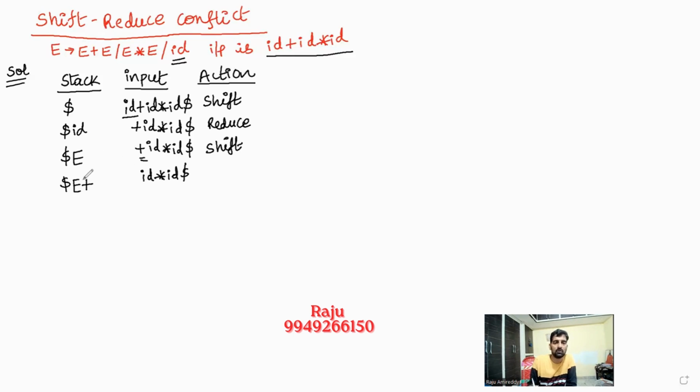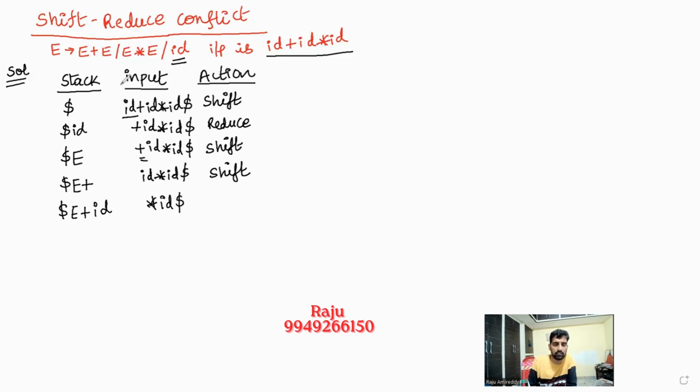Next, what do we have to do? Dollar E plus. This ID will come in with a shift move. So this is called shift. The remaining value is star ID dollar.